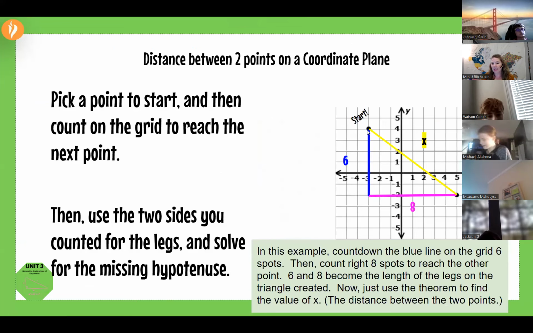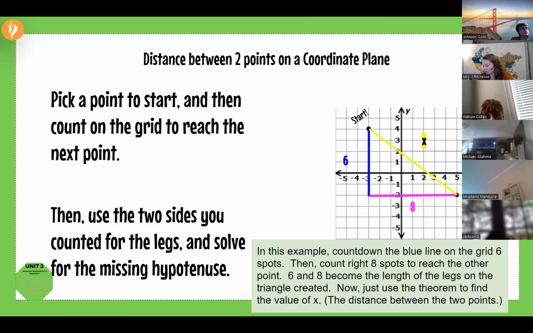But when you have a diagonal line, it's hard to count these because this looks like almost 1 unit, but then it's hard to count from here up to here. There's not exact points that this is going through, so that's why we have to use the Pythagorean theorem. All right, so if they give us this point and this point here, we are going to create a right triangle. It's the first thing we're going to do.